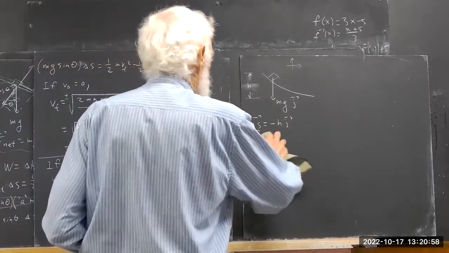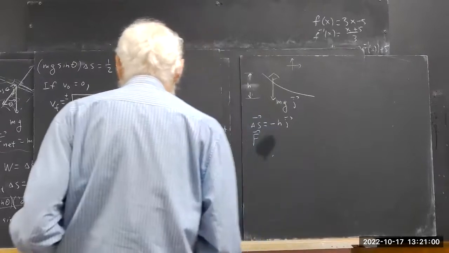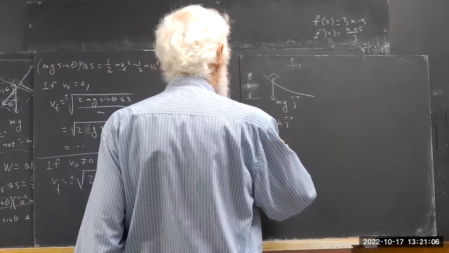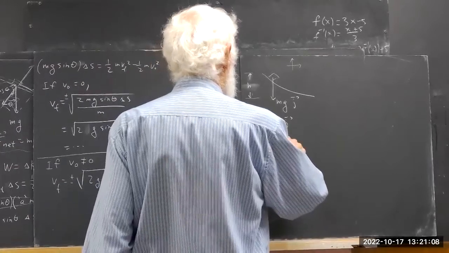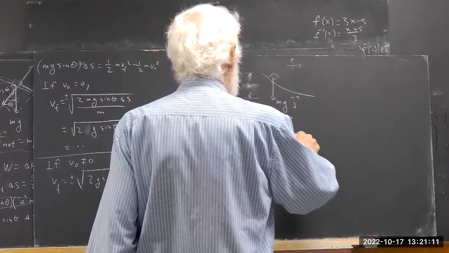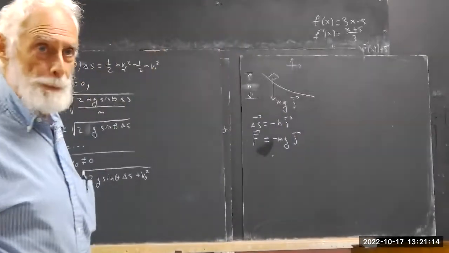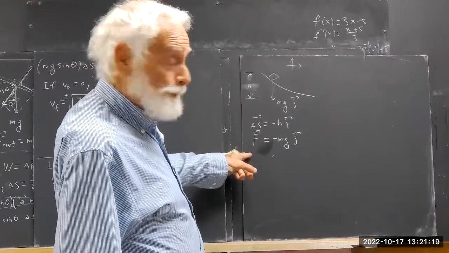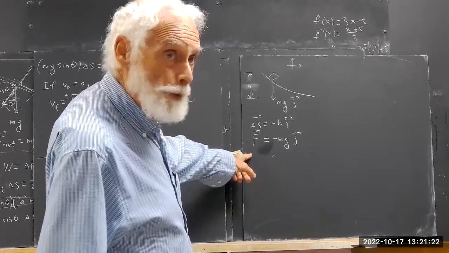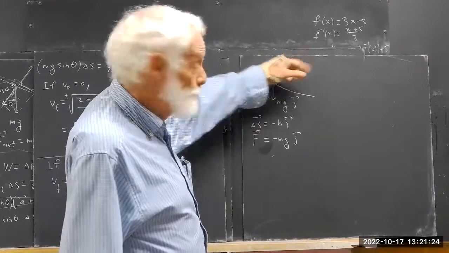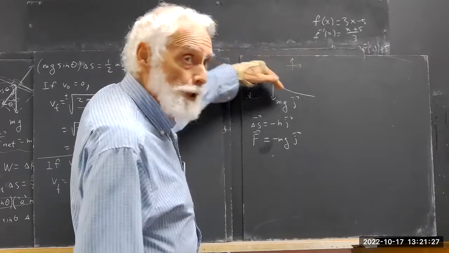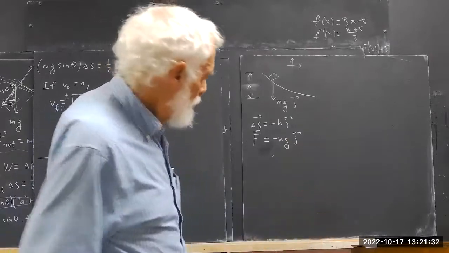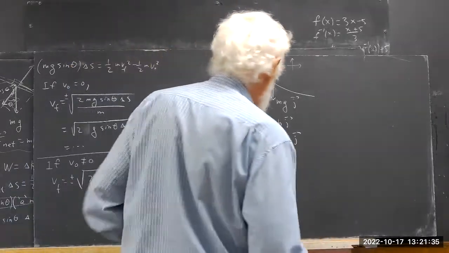So I'm going to take the net off of this. Say that F equals negative MGJ. It's going to turn out that this is the force that does all the work. Because the only other force that's acting here is going to be the normal force, which is perpendicular to your direction of motion, therefore does no work at any instant. And that's a little bit of a splash.